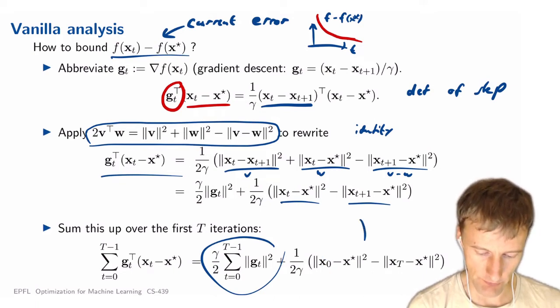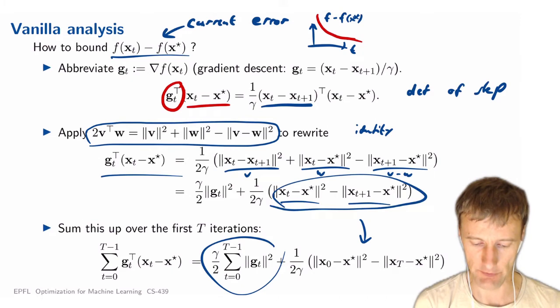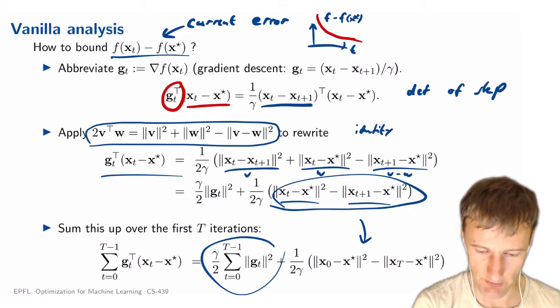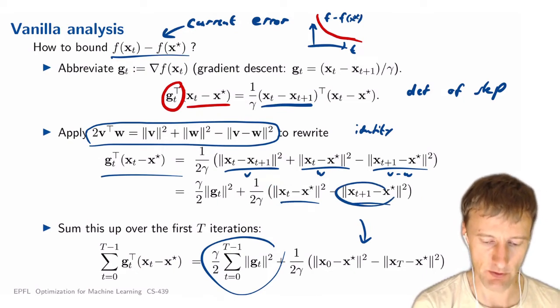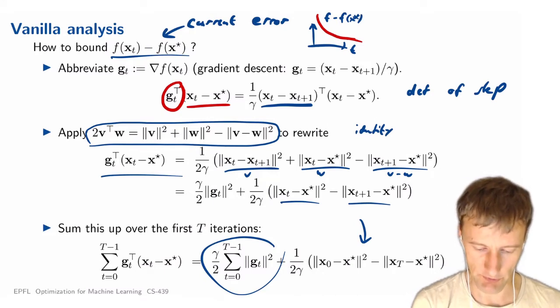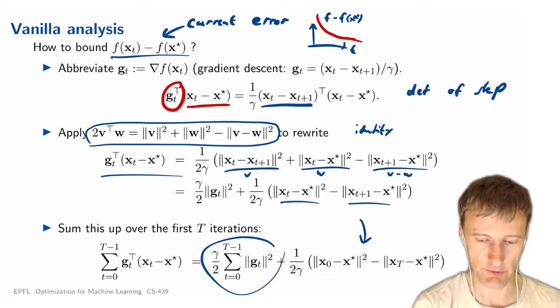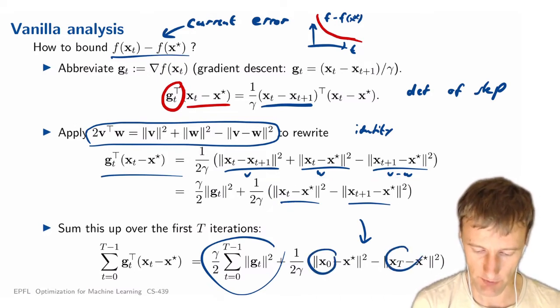So this is the sum. You see, for every t there is the term t and t plus 1. There are many of these terms. The nice thing is that the next one from here always cancels the previous one from the previous t. So of these T times 2 terms, when I sum them up, the only two terms that survive are the first one and the last one.